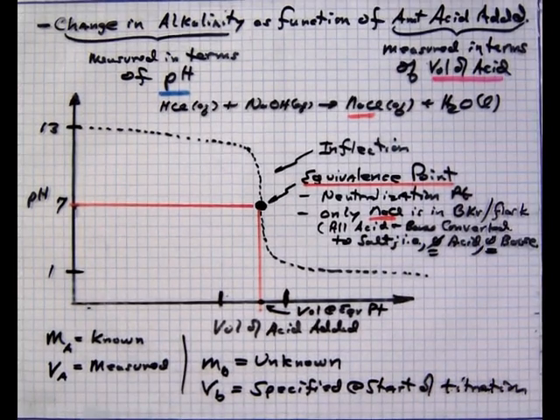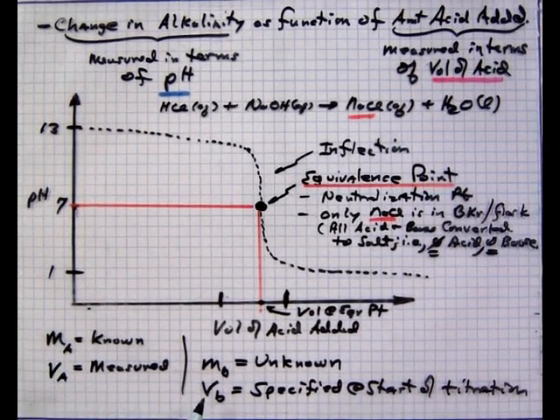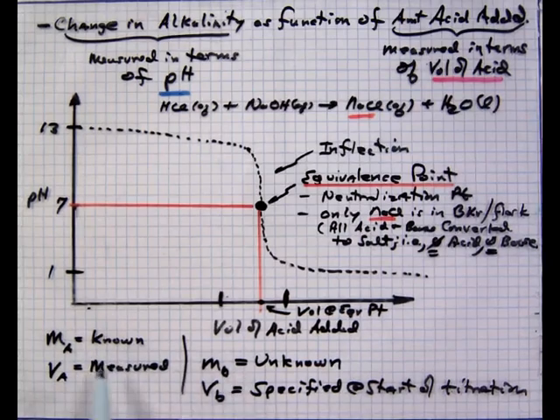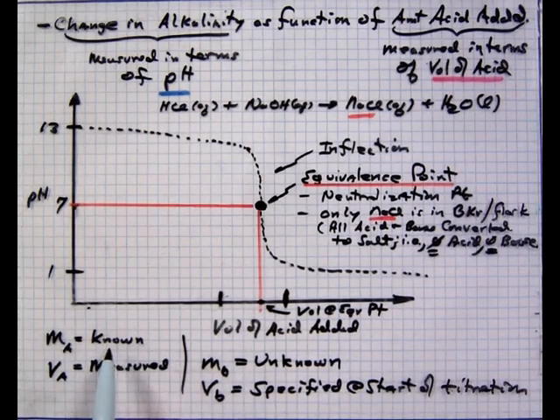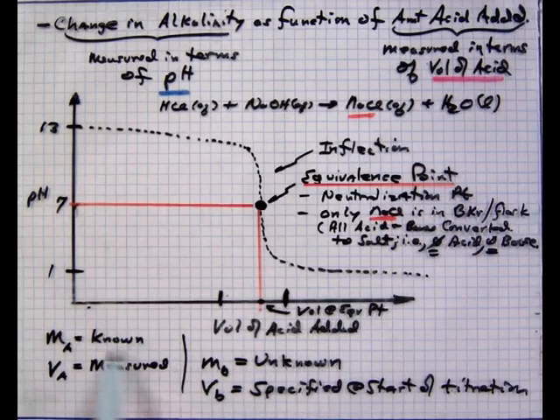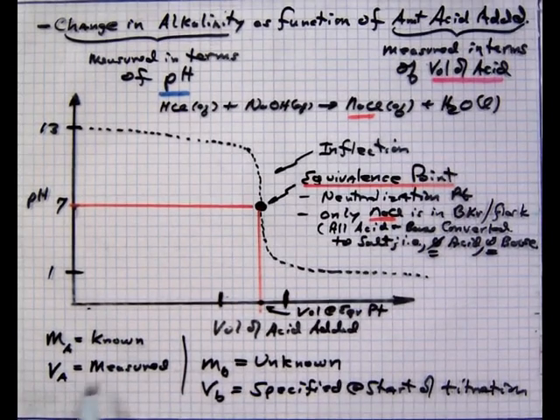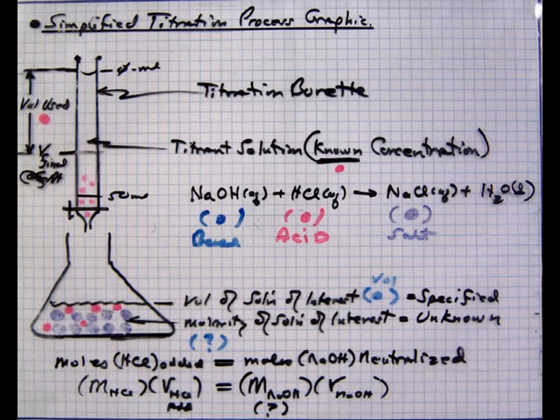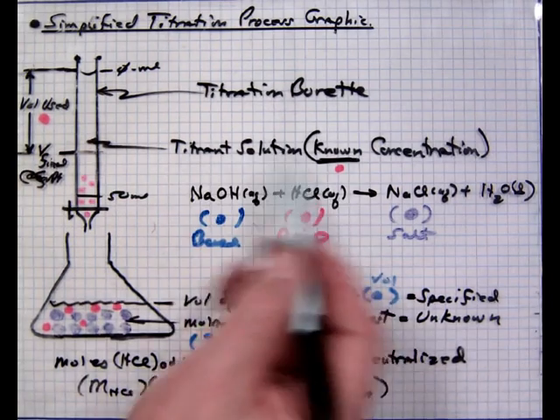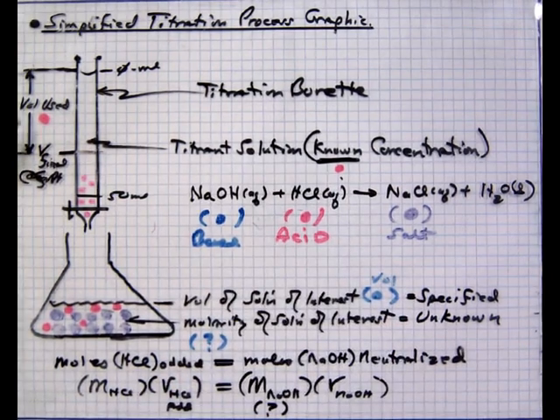So you want those 4 variables and to understand where you get them. You made the acid solution to add into the base solution, so you should know what that is. You measure the volume of acid that you add until you reach the equivalence point right here, so you know the acid concentration and the volume used.